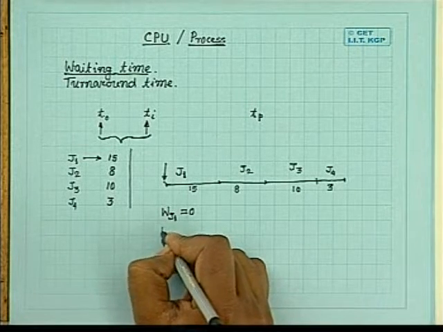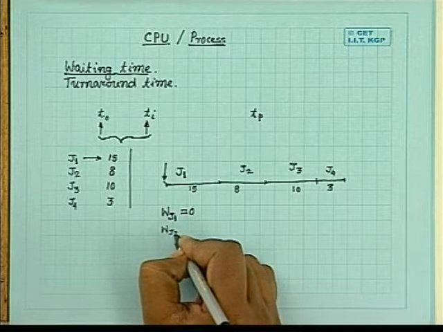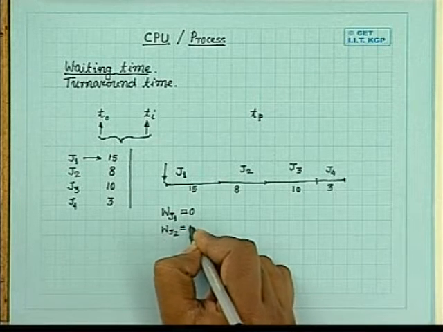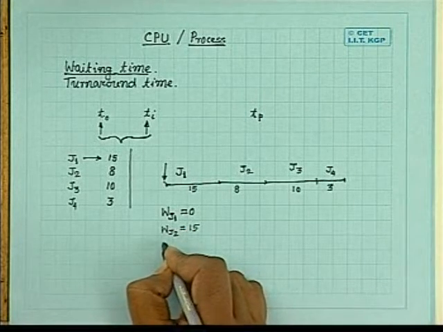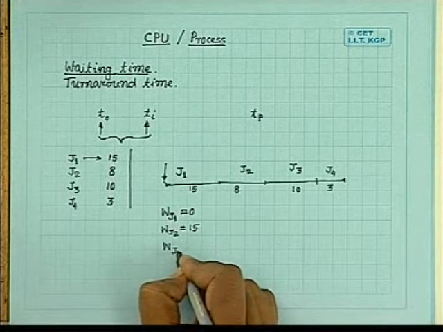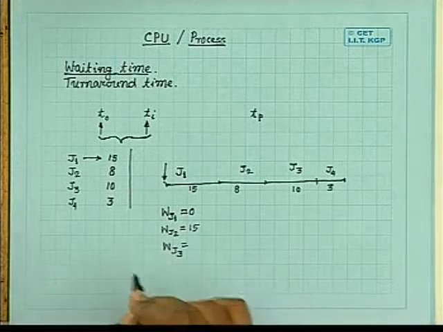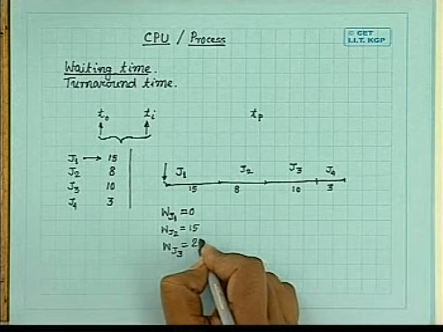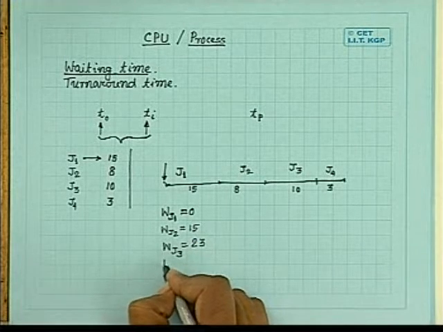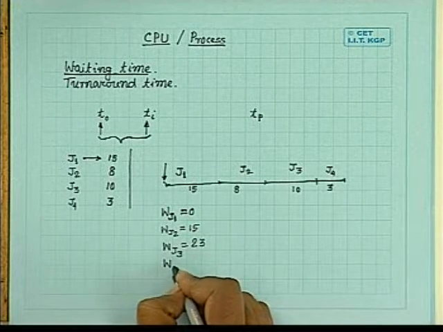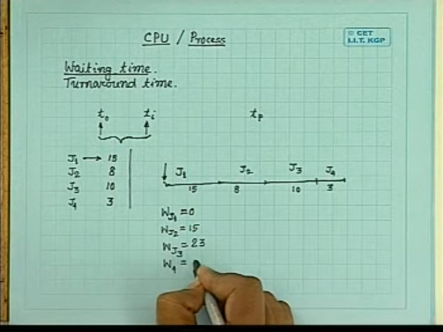Waiting time of job J2 is 15, waiting time of job J3 is 23, and waiting time of job J4 is 33.